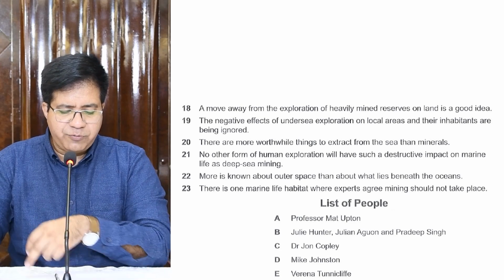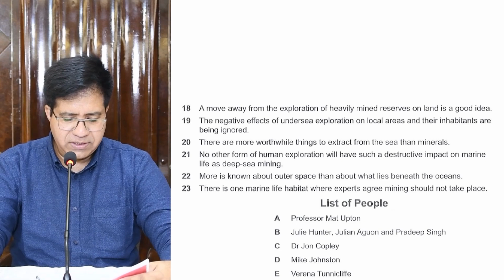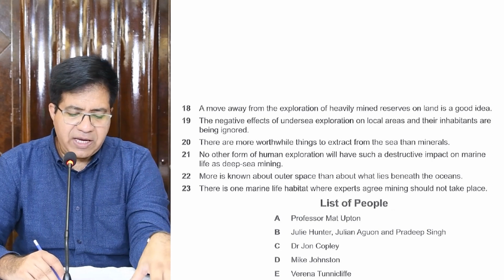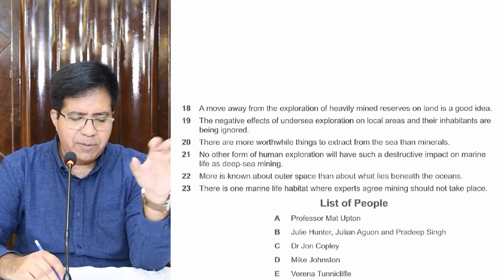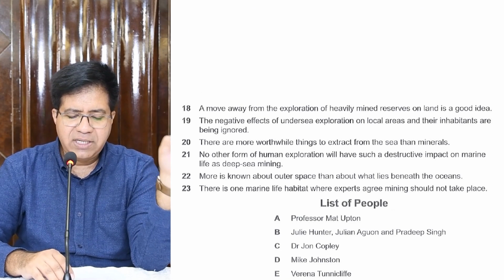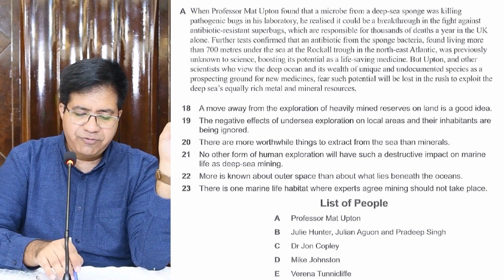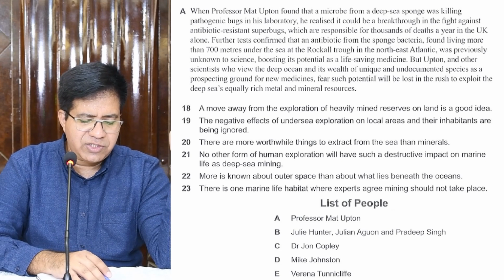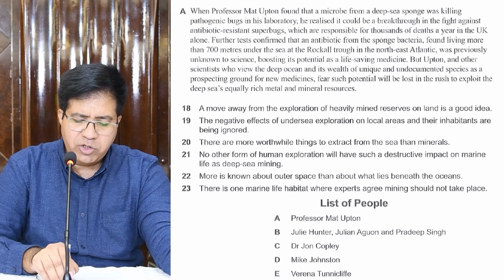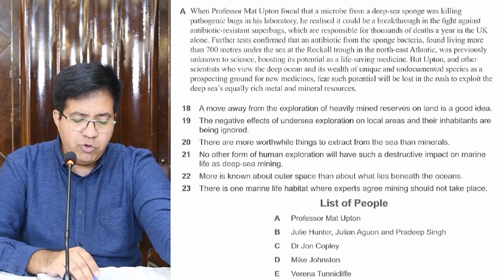Now what do we do? First we come to Professor Upton. So in the beginning they introduced Upton, that he's a professor and all that. Now please come to paragraph A, fourth last line. But Upton and other scientists. Found it? Okay, let's read from here. But Upton and other scientists who view the deep ocean and its wealth of unique and undocumented species as a prospecting ground for new medicine.